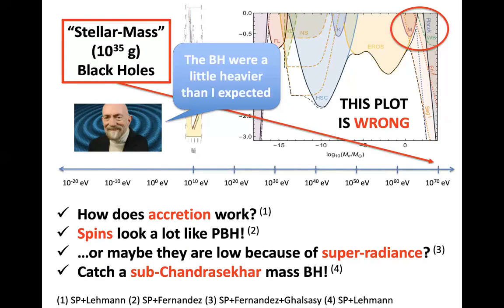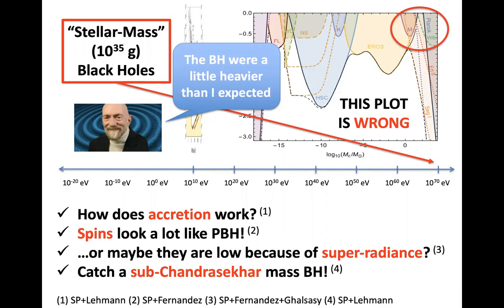What I really am hopeful about is that we will see a sub-Chandrasekhar black hole merger with LIGO. That is a distinct possibility. And in fact, with my student Ben Lehman, we are working on calculating what is the expected rate if indeed we have some population of primordial black holes that is massive enough to be visible as black hole mergers at LIGO, but below the Chandrasekhar mass.